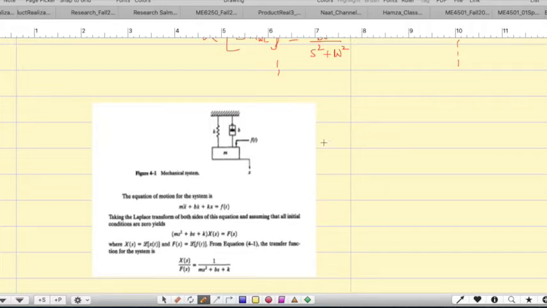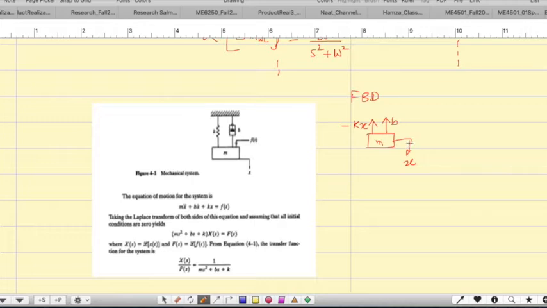The equation of motion comes from the free body diagram. So this is our coordinate of this mass, this is our B, the damping coefficient, this is our K. So I'm going to write down the forces, because free body diagram is all about the forces acting on the mass.